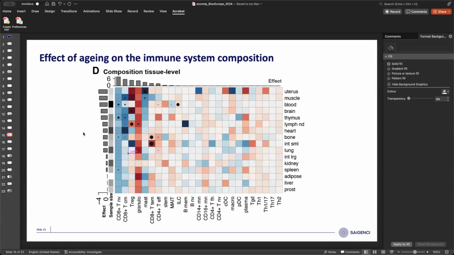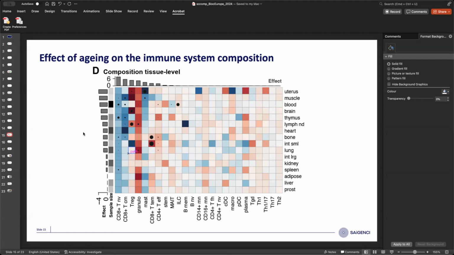On the vertical you have organs, on the horizontal you have immune cell types, and the dots represent significance, but we don't focus on that for the moment. You can see that some effects, for example CD8 naive T cells, as well as CD8 central memory, globally decrease as we age, and this is a known fact. But here we can really put a quantitative measure on those.